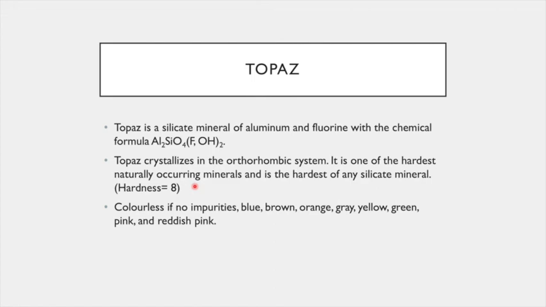Its hardness reaches 8. It is colorless if there are no impurities, but could be colorful, as it could be found in blue, brown, orange, gray, yellow, green, pink, and reddish pink colors.